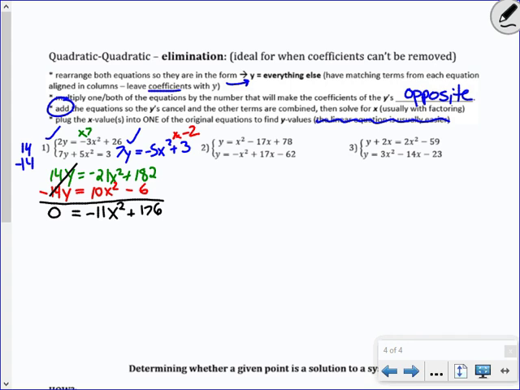Okay, hold on. Think about it for a second. Would factoring be the appropriate method to solve this? -11. So what does that leave you with? X squared minus 16.